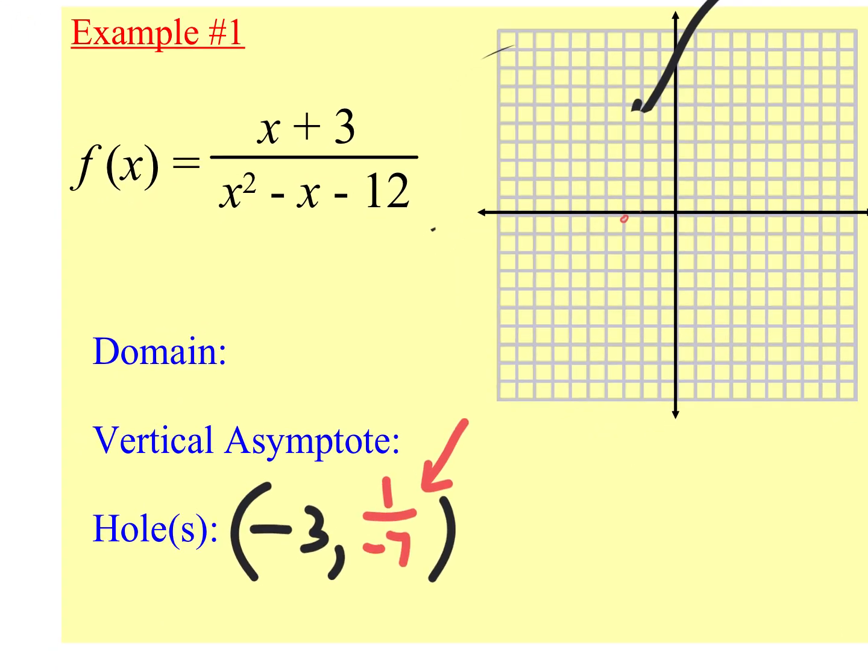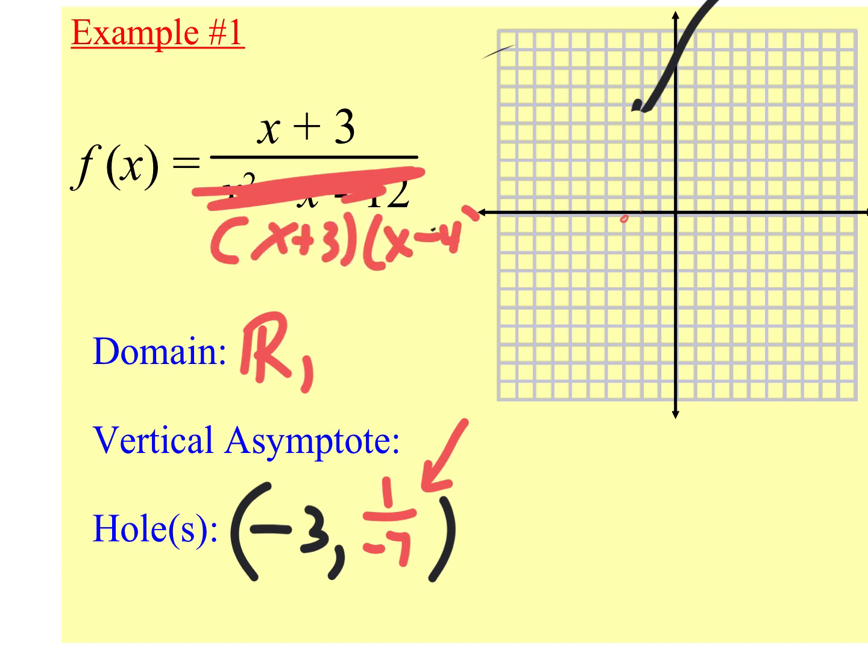Okay. It'd be nice to have written the domain. I usually did the parentheses kind, but I'm going to start doing this kind. They're both okay. And this part factored to x plus 3 and x minus 4. I need that again so I can see what the things are that aren't allowed. X cannot be -3, and x cannot be 4.